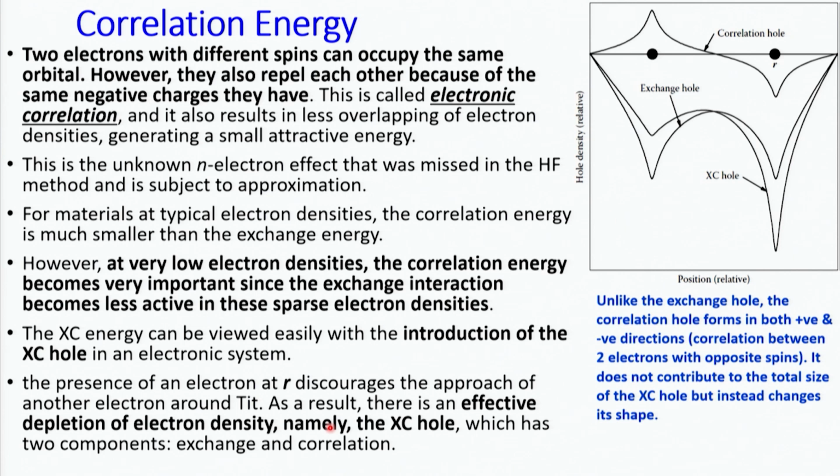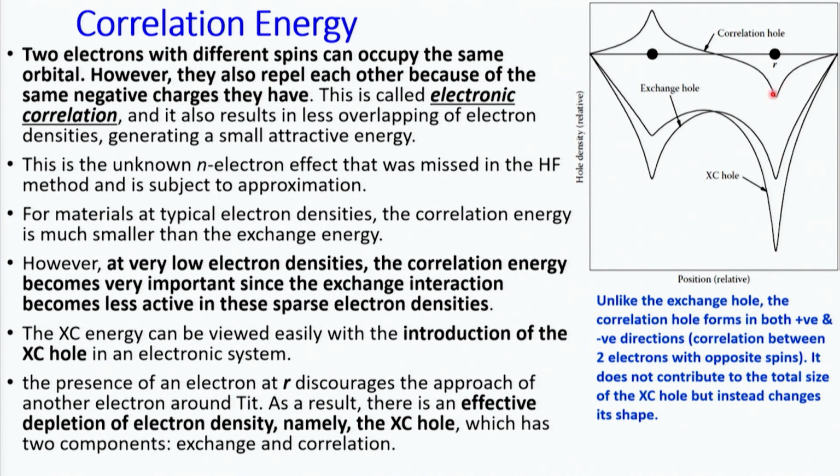Let us say we look at the hole density. If you have two electrons, the hole density due to the exchange will be in the middle, but they will be of the same type, same sign.